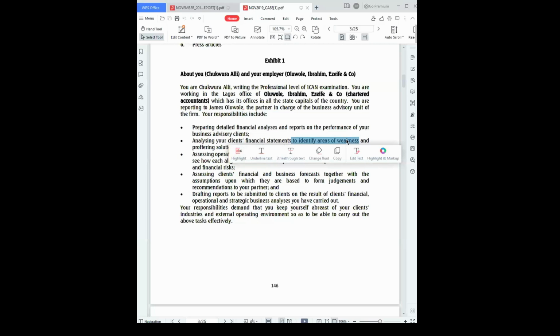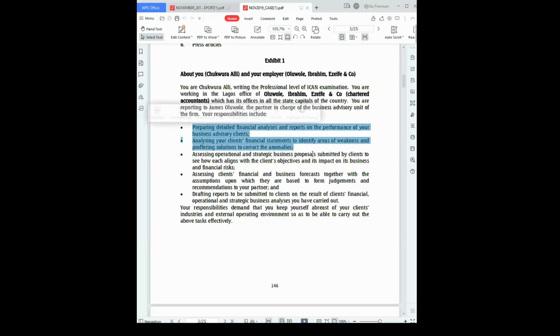But when we talk about weakness, it could mean when the ratios are poor, when the ratios are declining. That is a weakness, and you prefer a solution to correct the anomaly. That is fine. This is still the financial statement analytical scale.